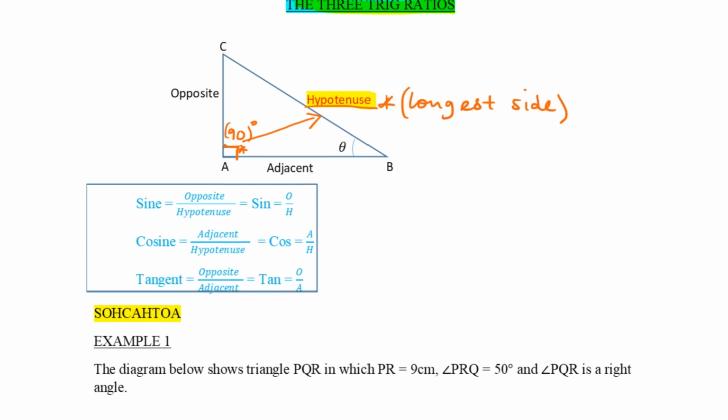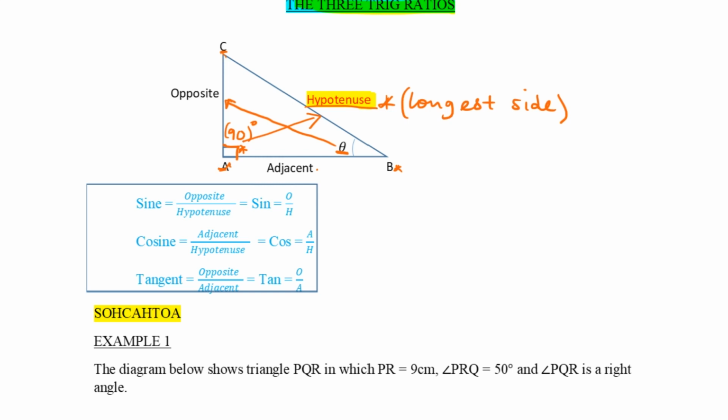Then, depending on the angle that you are talking about, if we consider theta here, its opposite will be this side here, the side AC, from A to C. Then the other one below here, AB, is the adjacent.